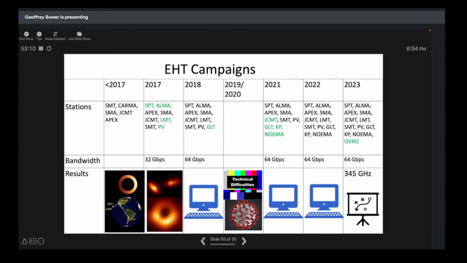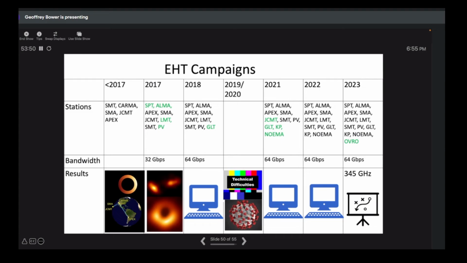We didn't observe for 2 years, but we have observed for the last 2 years, and we've added new stations, so that's going to improve our ability to perhaps make movies of Sagittarius star on short time scales, also to make high quality images of M87, potentially detect the jet associated with M87. And then we're looking to the future where we've put in our proposals to observe for next year.